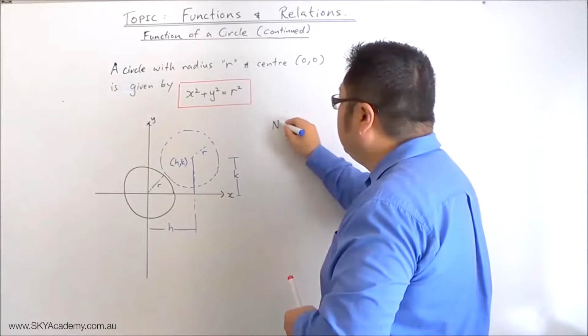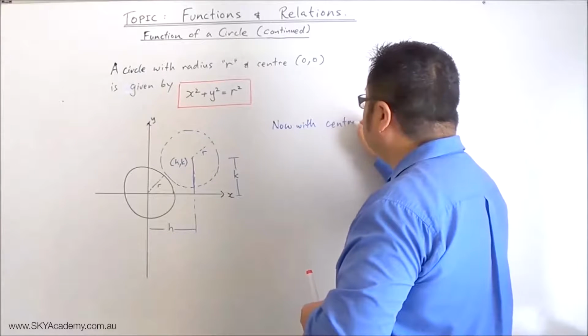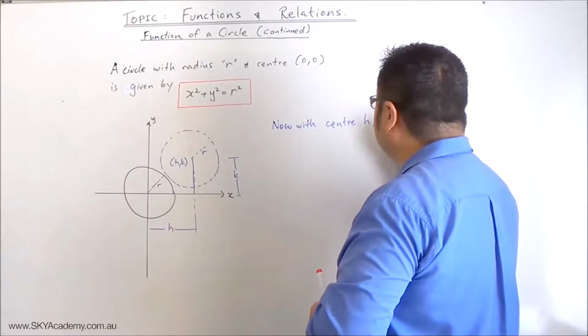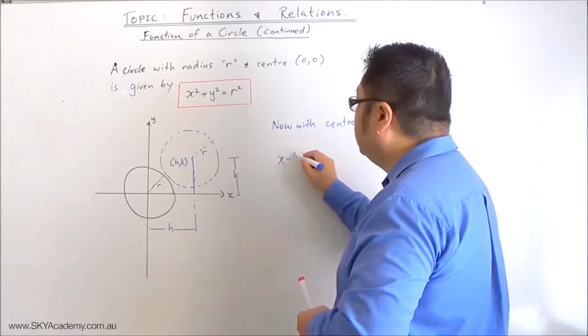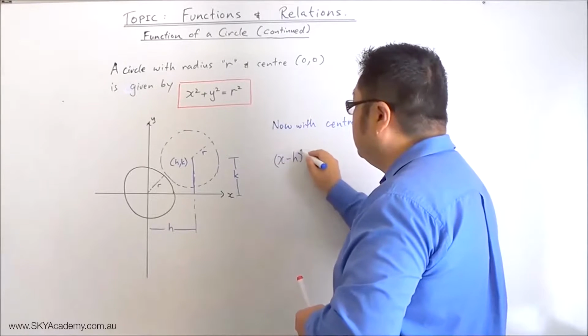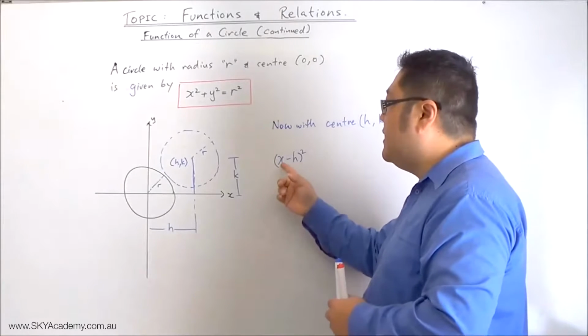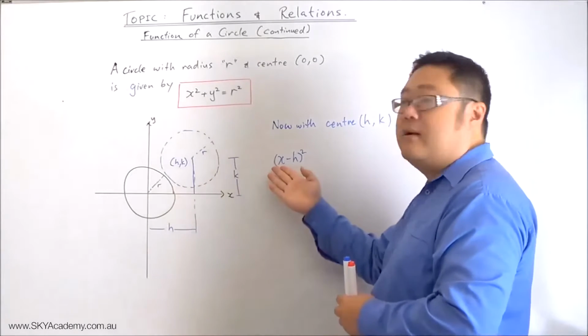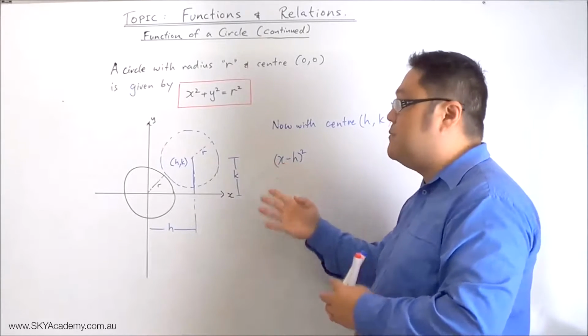So now with center (h, k), it's going to be (x minus h) squared, and the reason it's minus is because x has to be that much bigger to compensate for the minus being there. So x has to be that much bigger.